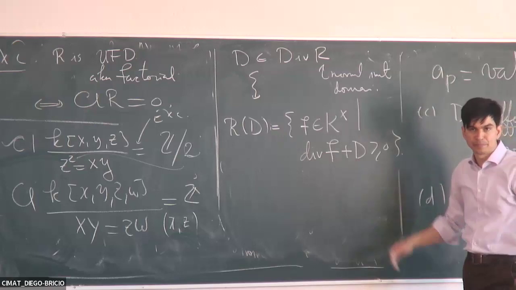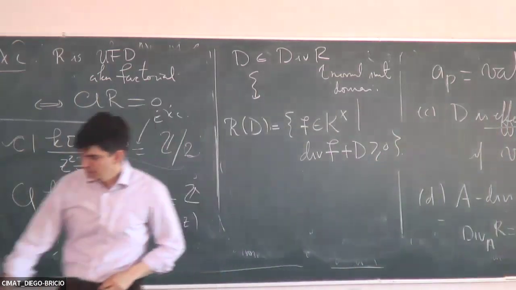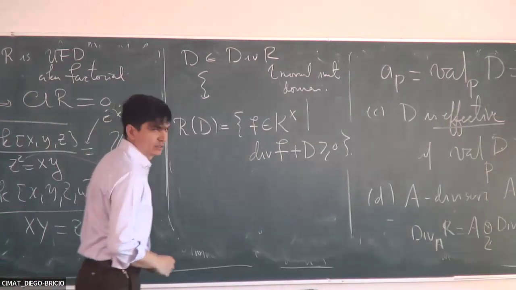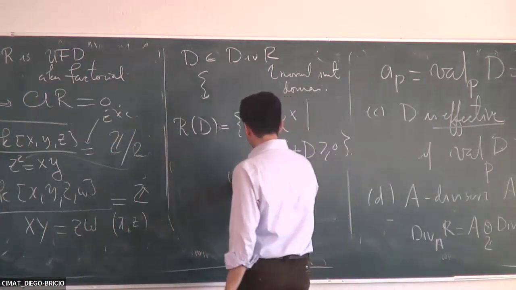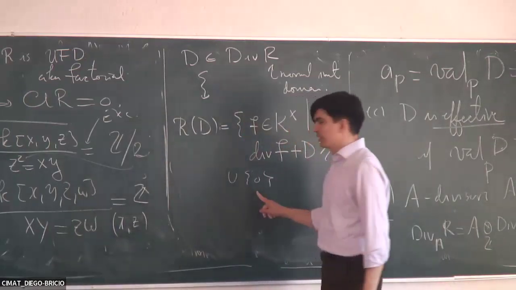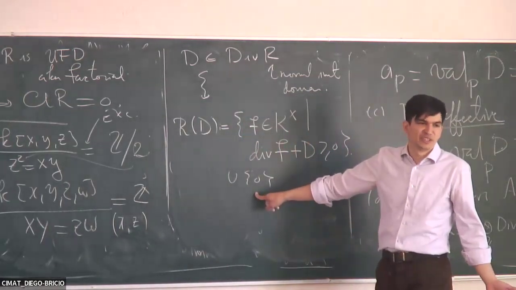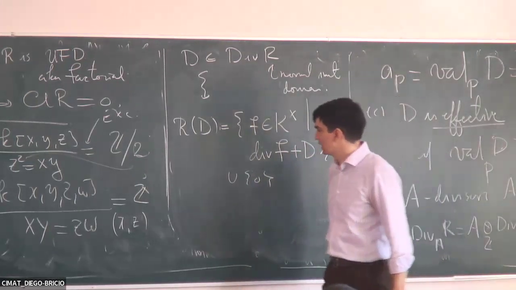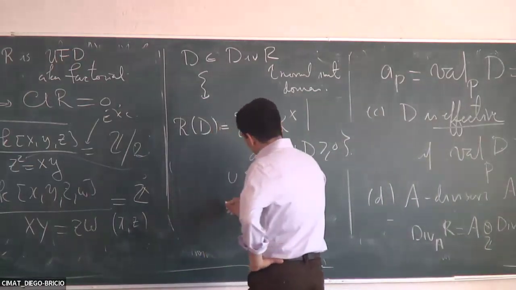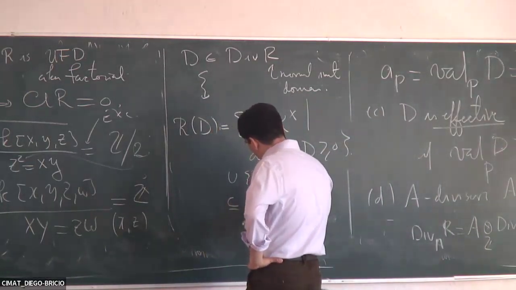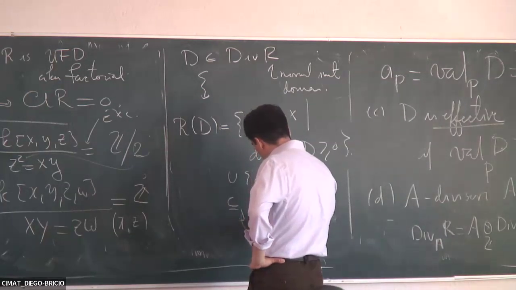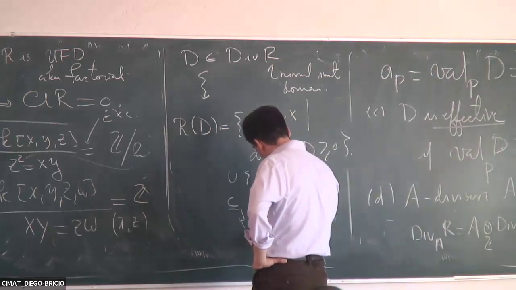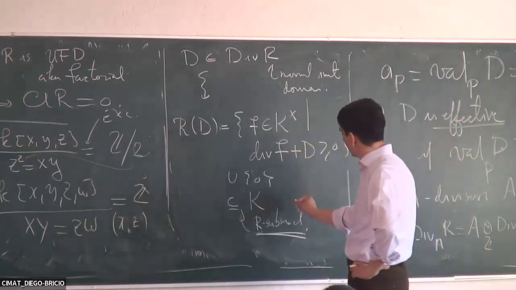You're going to look at that. Okay. Well, here I forgot to add a 0, so I have to add the 0 artificially, or what I can do is to say the divisor of 0 is infinity, and infinity plus D is effective. And so notice that this is an R-submodule of K, of rank 1.